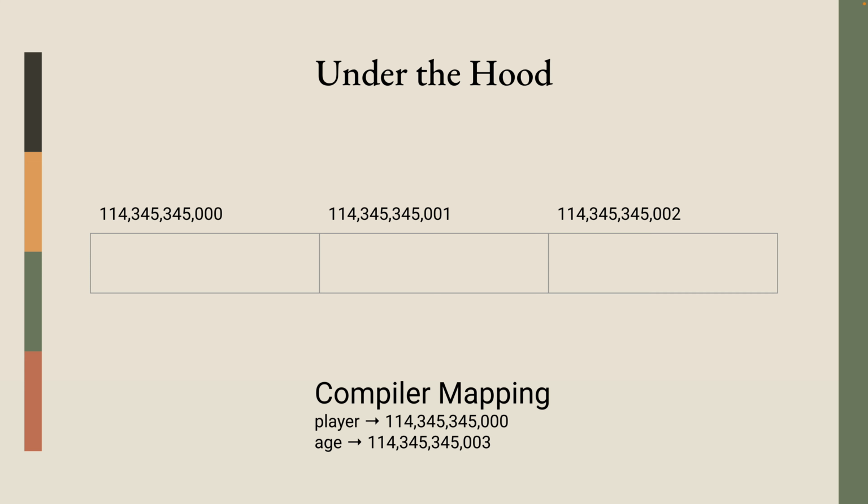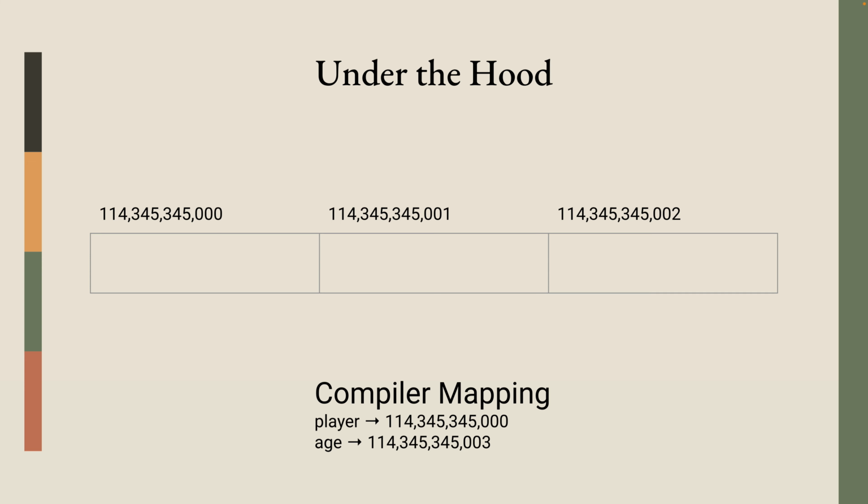So under the hood, what's actually happening? When you have that line that says string player, the compiler sees that you're trying to create a new variable. Under the hood, the compiler has its own little mapping. It will say, okay, the programmer has created the new variable player. Let's map that to some space in memory.